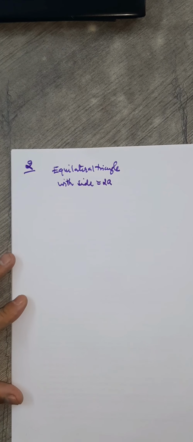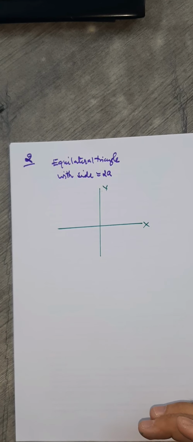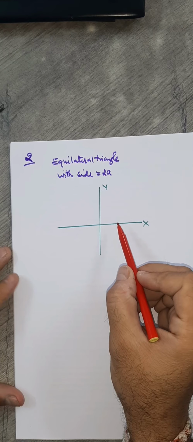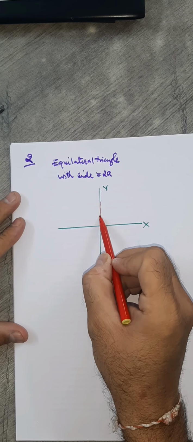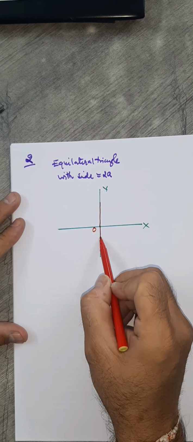Fine. So with side equal to 2a, that's given to you, let me draw the diagram here. So these are the two coordinate axes. Now the base is along the y-axis, that's given. There is a base and the midpoint is the origin.